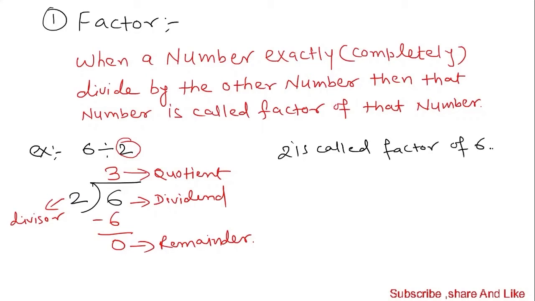In this way, you will find the factor of any number if you get the remainder as 0. So let us take another example. We'll try to find out the factors of different numbers. How will we find it?